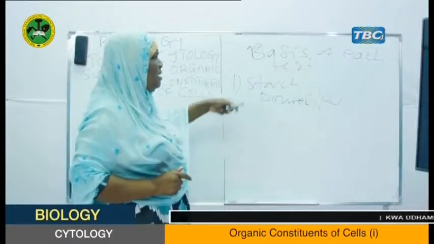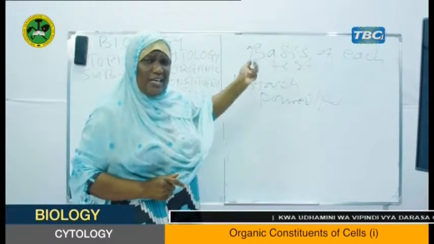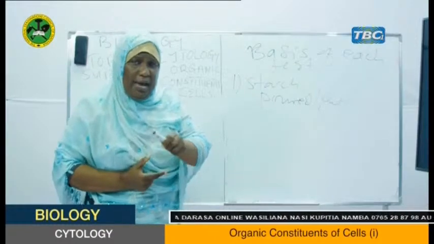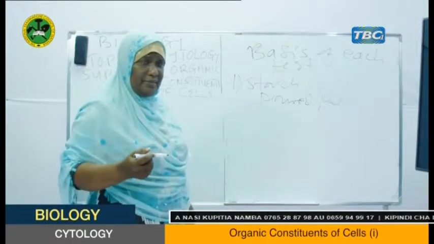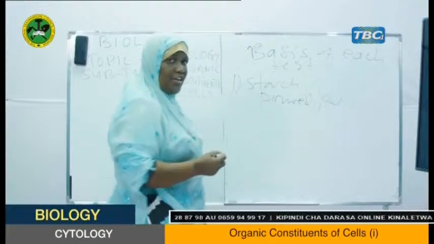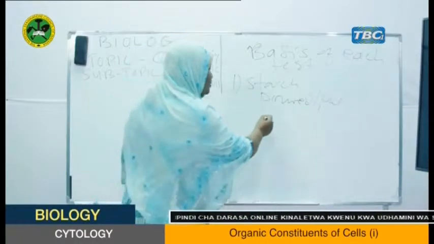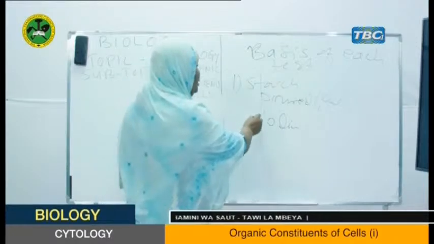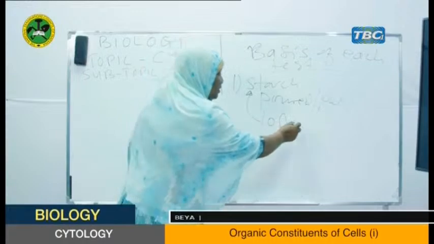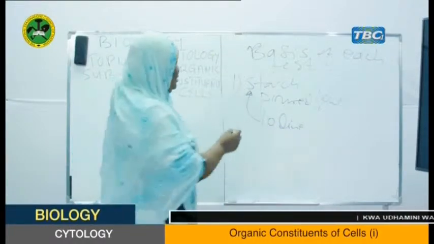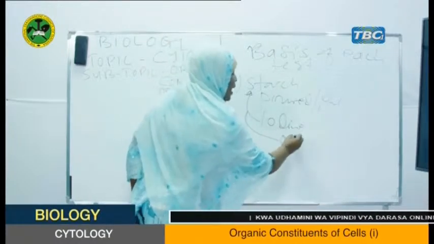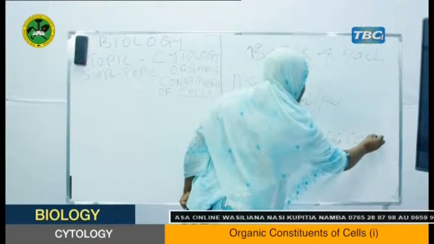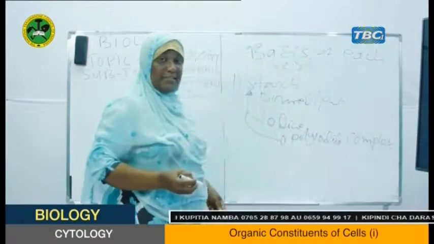So you know the procedure, you know the observations, you also know the inference. But the question is, what is the basis of that test? The basis of the test here is that when iodine solution is applied, the iodine reacts with the starch and forms the polyiodide complex.